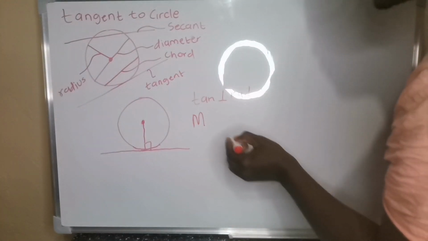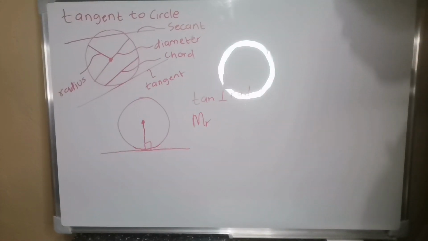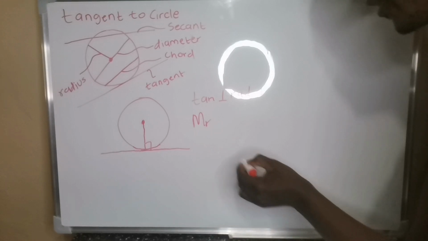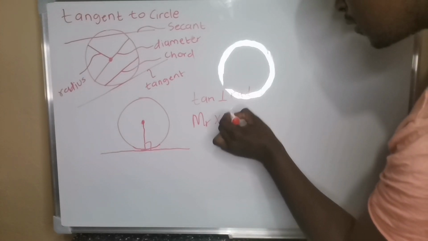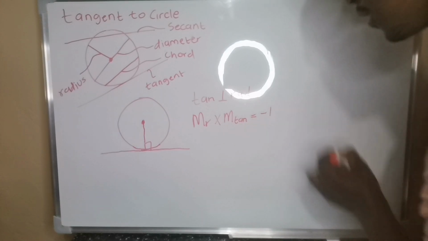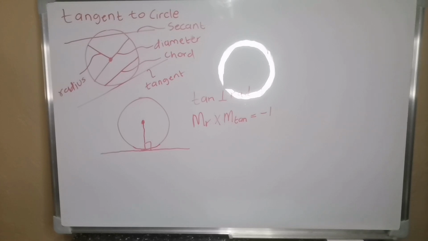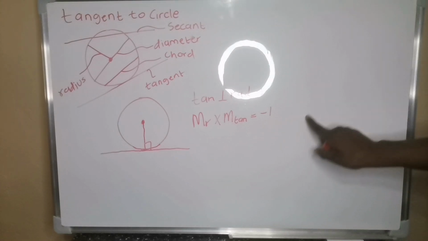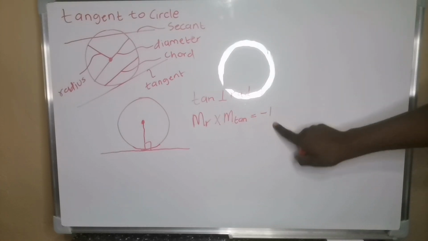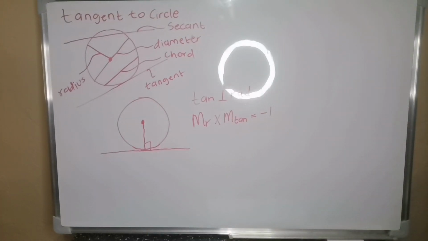If this is the case, then the gradient of our radius, which is r, when you multiply it by the gradient of our tangent, is equal to -1, because the tangent is perpendicular to the radius. That's where this concept of multiplying gradients being equal to -1 comes from. It comes from theorem 8 of our circle geometry.